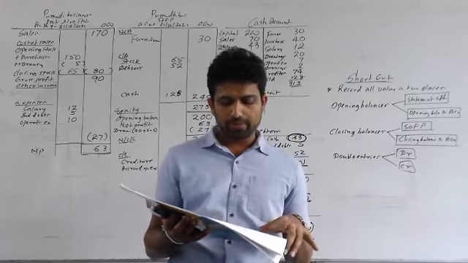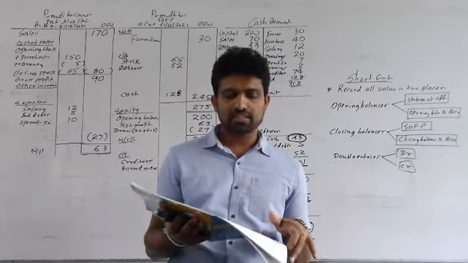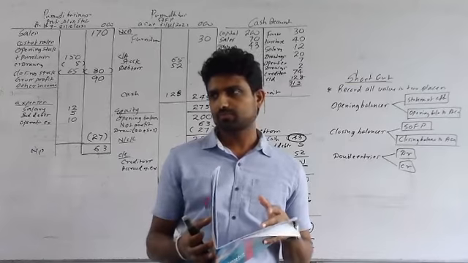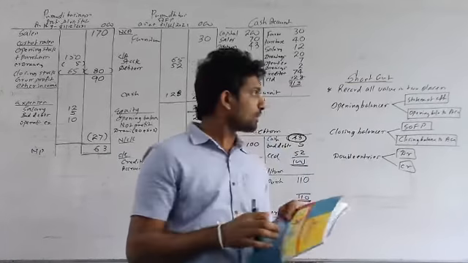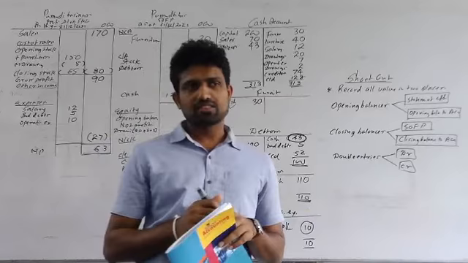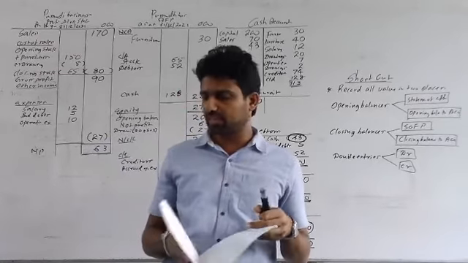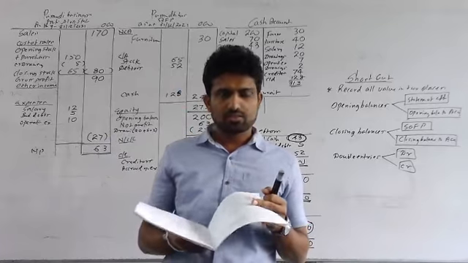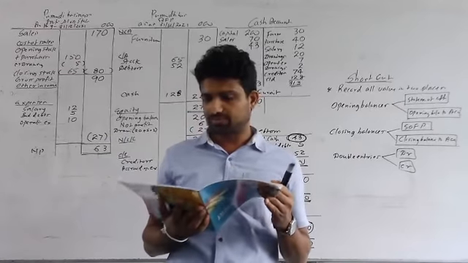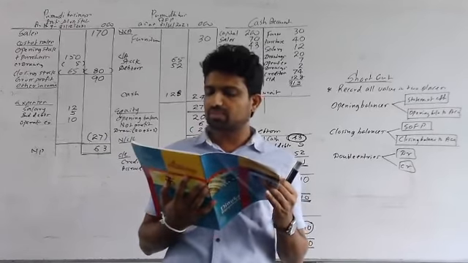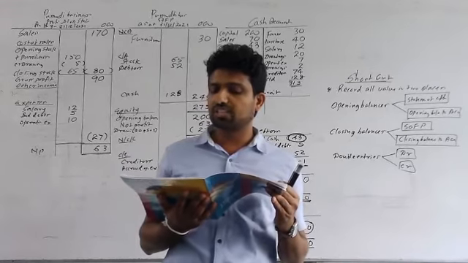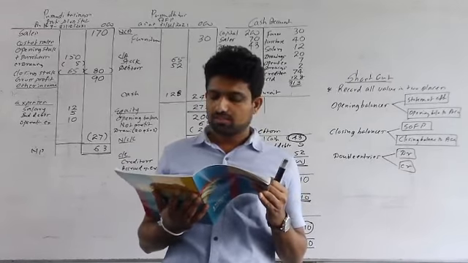You are given opening balances and closing balances. Where to put the opening balances? You have to look at the statement of affairs, then put as the opening balance. We have to put the closing balances to the account as well as the SOFP. And you are given some transactions on the other side. You have to complete double entries. Can you try this?